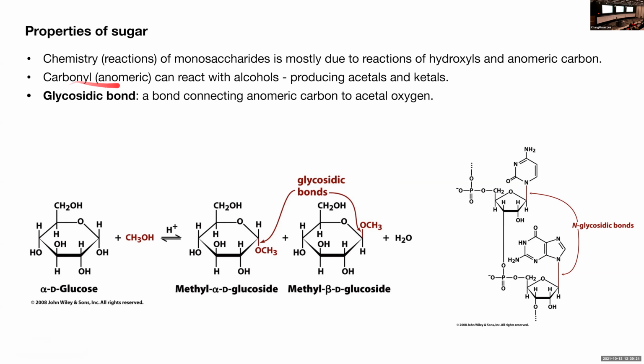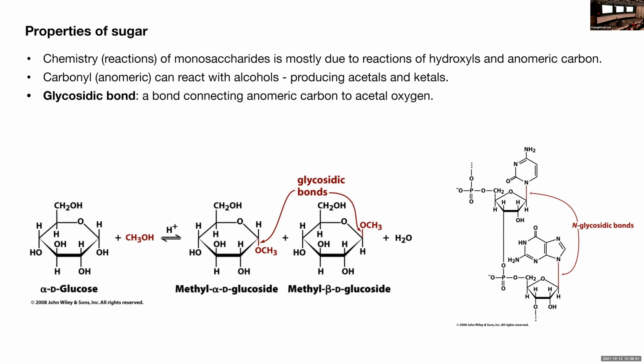And these anomeric carbons, or the carbonyl, can react with alcohols to create hemiacetals and hemiketals, which are important for the circularization of the sugar molecules. And they can also create this glycosidic bond between two simple sugars or monosaccharides to connect them to each other to make polymers.